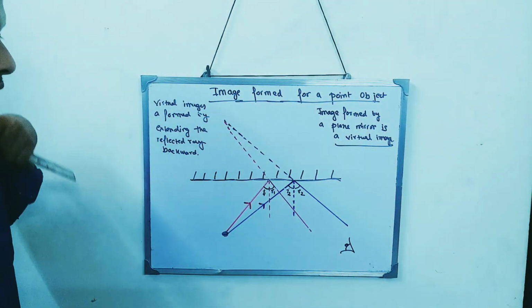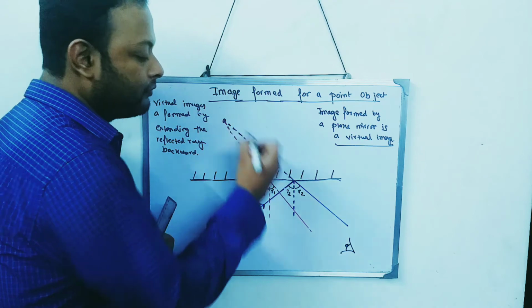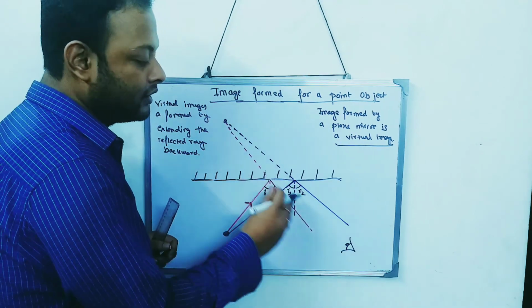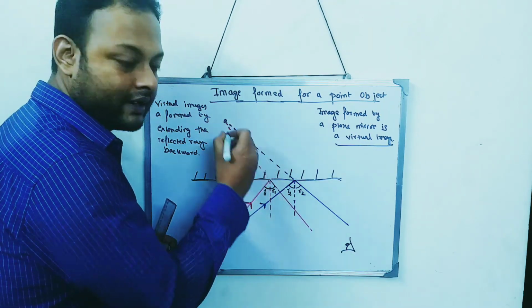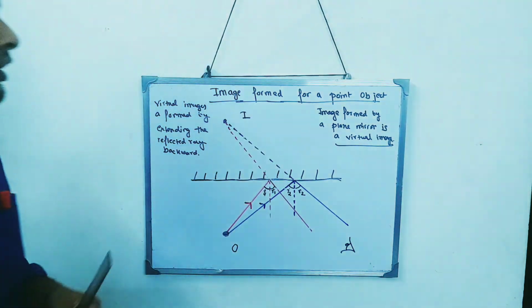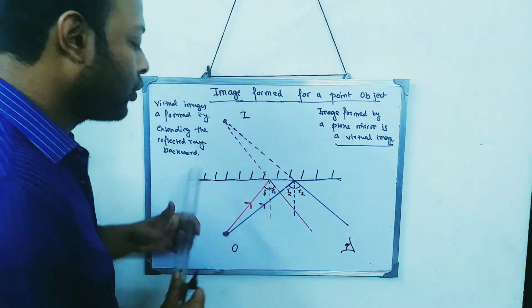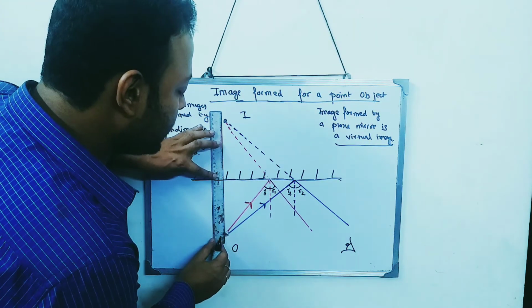Now this is the point you can see where the two reflected rays, when extended backward, met each other. So this is the object and this is the image. Okay. Now after this, you have to join these two points.